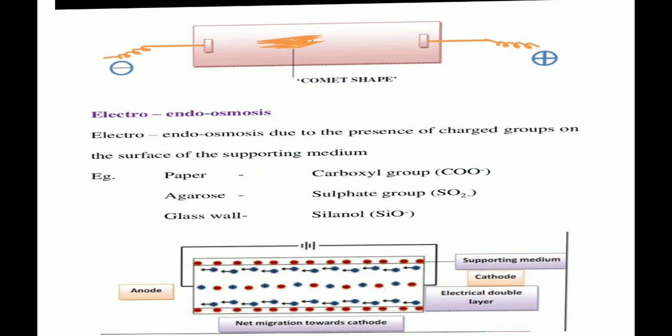Okay, so in this figure you can see की सपोर्टिंग मीडियम वरती काय असतात, चार्ज प्रेझेंट असतात, कॅथोड्स आणि ॲनोड्स दिसत आहे तुम्हाला.